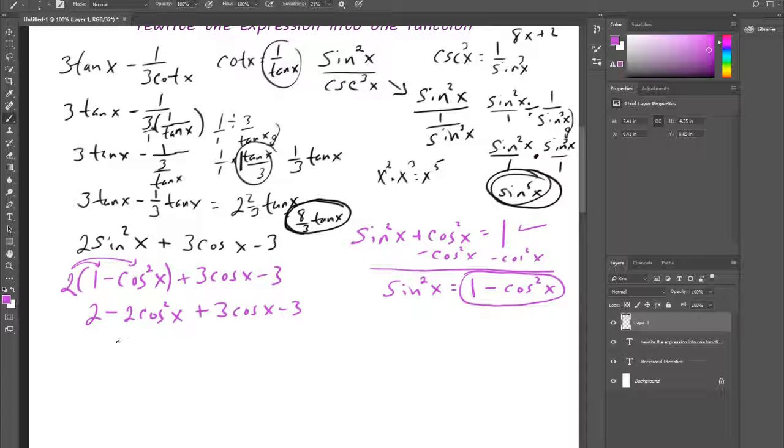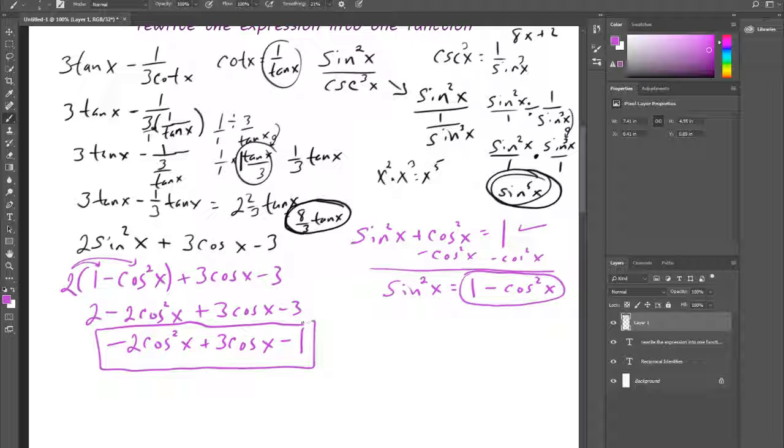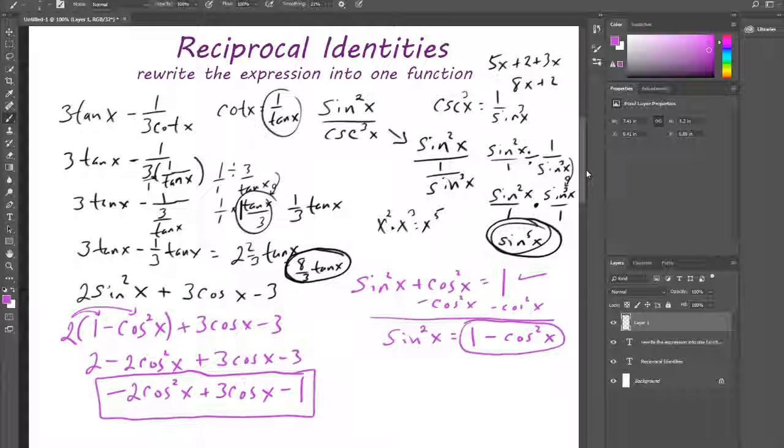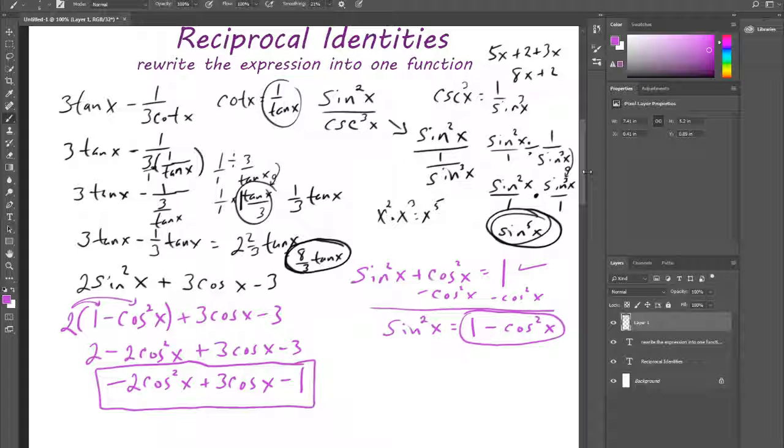So the final answer is negative 2 cosine squared x plus 3 cosine x minus 1. And that in the rectangle is the final answer. This is definitely not intuitive whatsoever. It's going to take a lot of work to get good at this, but I hope you keep working at it. Have a good one.